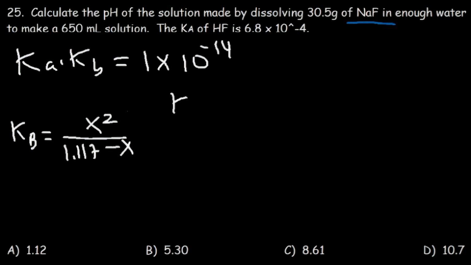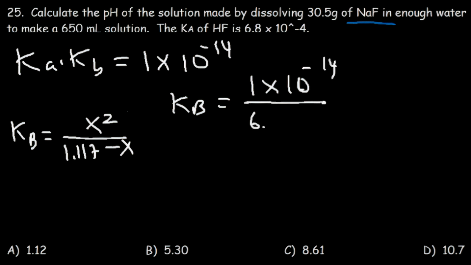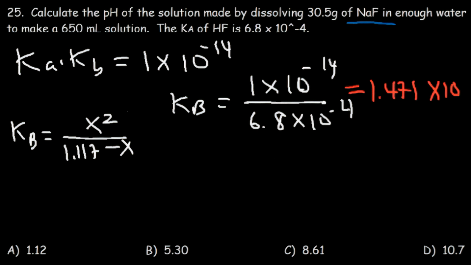So that means that Kb is equal to 1 times 10 to the minus 14 divided by Ka, which is 6.8 times 10 to the minus 4. So if we divide those two numbers, you should get a value for Kb, which is 1.471 times 10 to the minus 11.